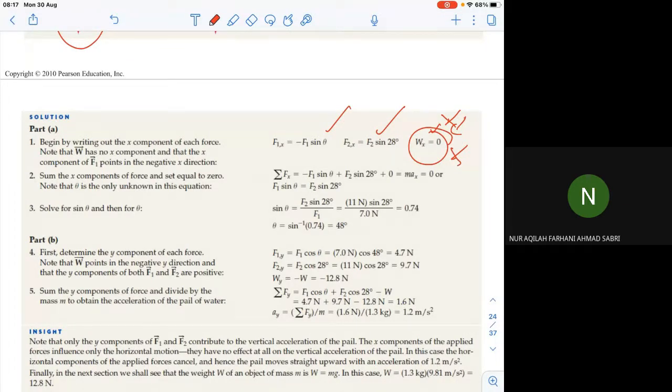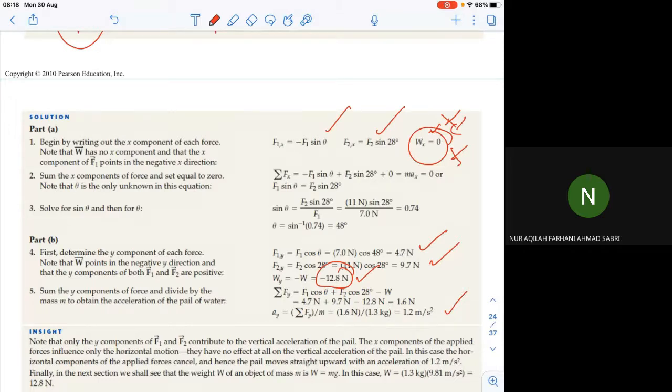How about the y components? This is F1y, F2y, and Wy, with the value of negative 12.8 Newtons. You add everything up, and you get the acceleration to be 1.2 meters per second squared.